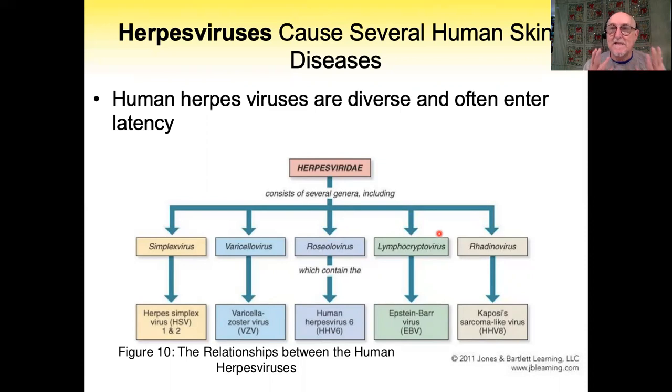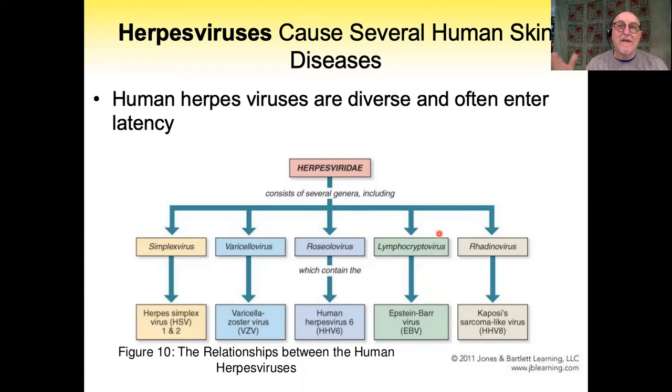Now, the Herpes Simplex viruses are a group that cause a variety of different diseases in humans, but they have some common characteristics. The ones you're probably most aware of, as I've mentioned before, are Herpes Simplex 1, often abbreviated HSV.